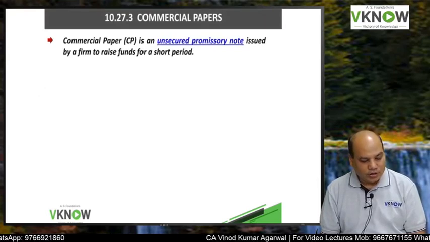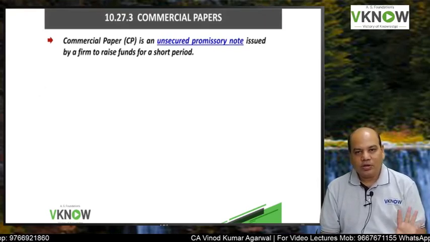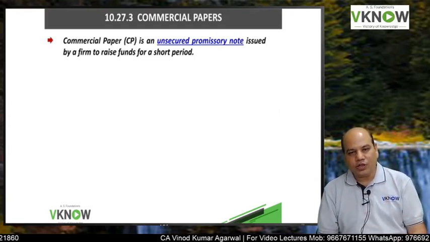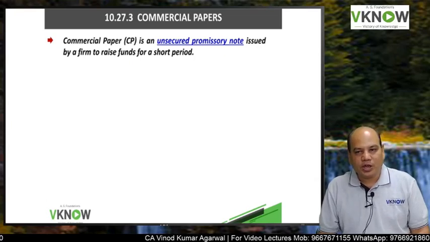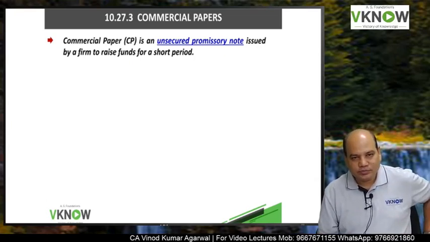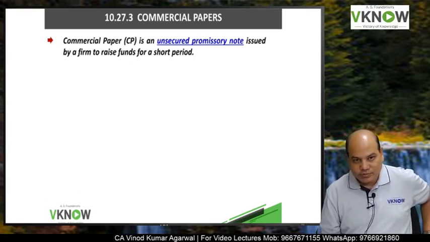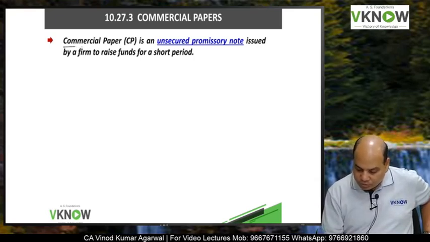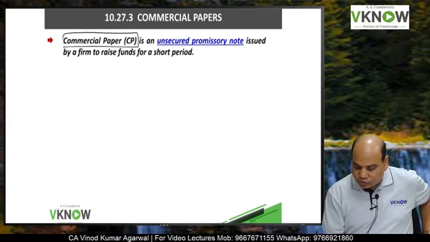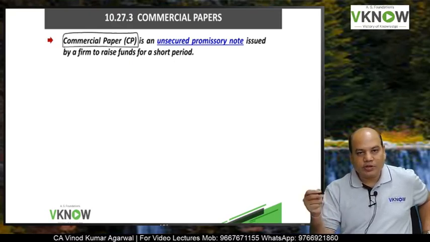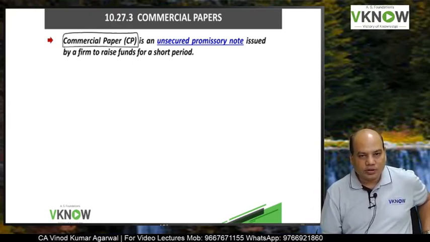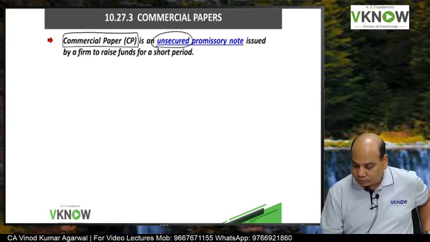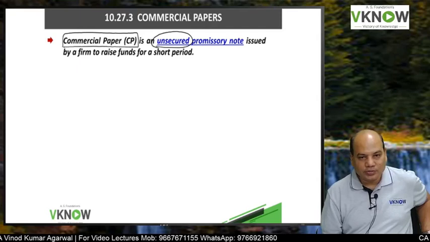Now first of all I need to tell you, it is nothing but a short-term instrument to raise finance, an instrument for raising funds for a period up to 1 year, used by companies. It is the name of the instrument used by the company to raise funds for a short duration, like 1 year. So commercial paper is unsecured, no security to the lender.